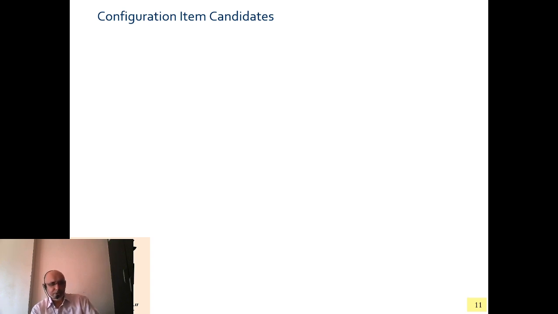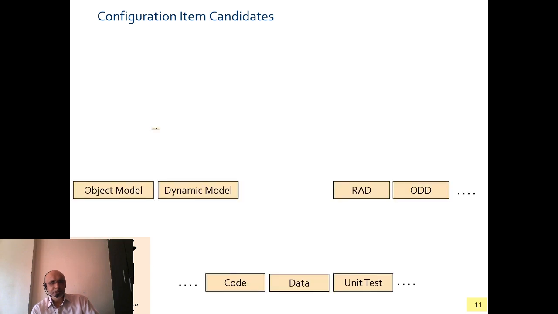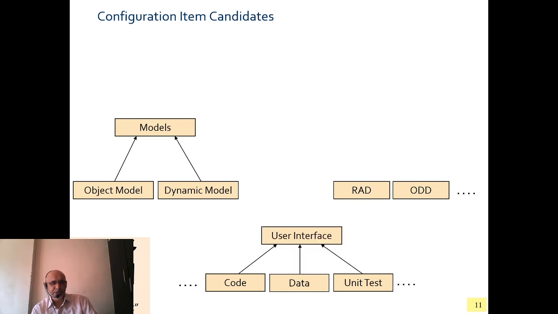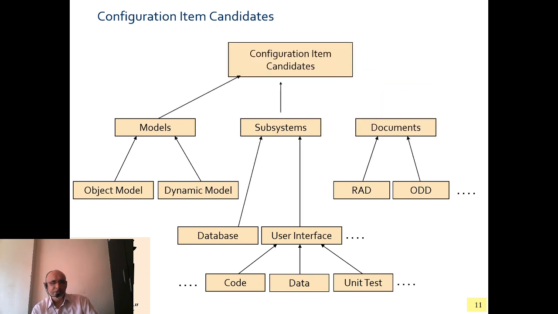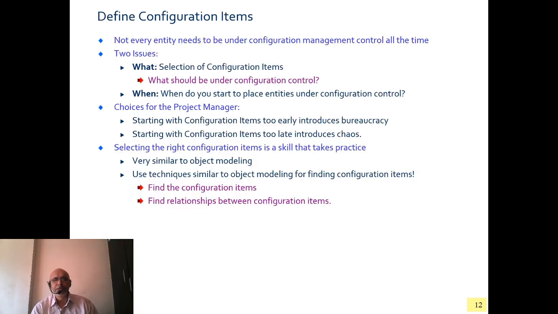It's the entire project, object model, dynamic model, RAD and so on, user interfaces, code, data, unit, database that makes up subsystems, and documents. So everything comes in as a configuration item candidate, and they build the configuration items list.